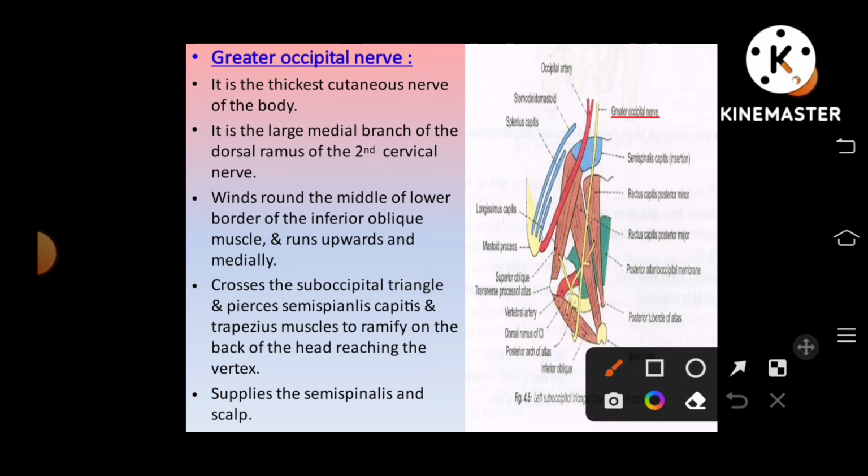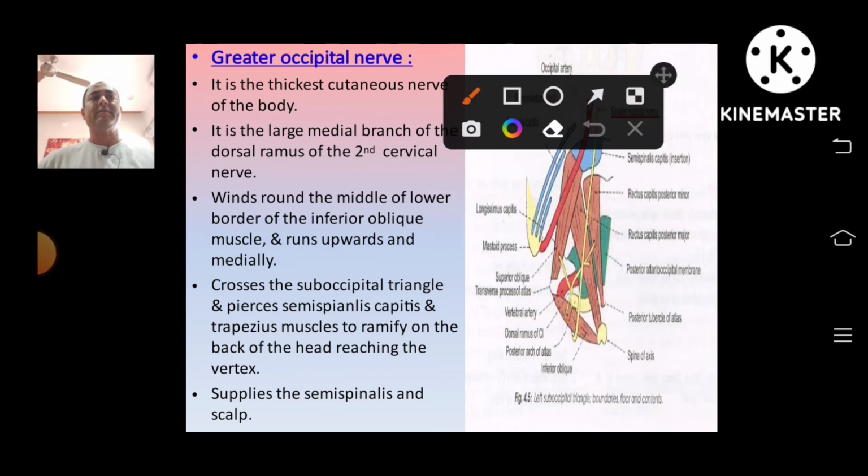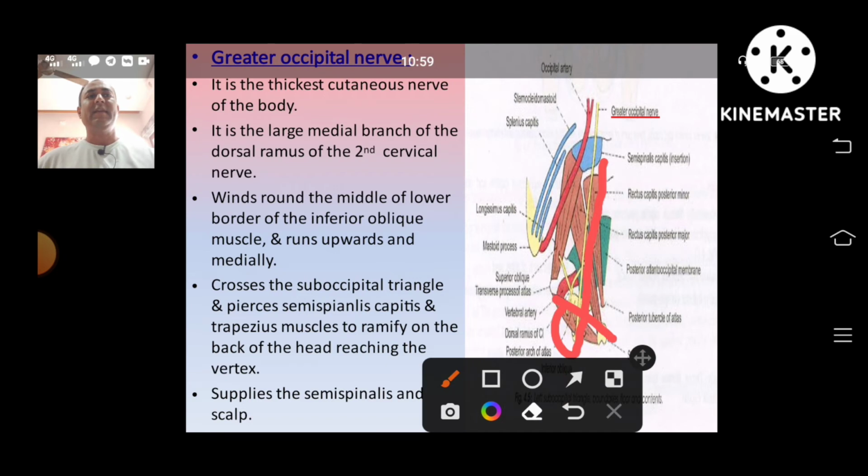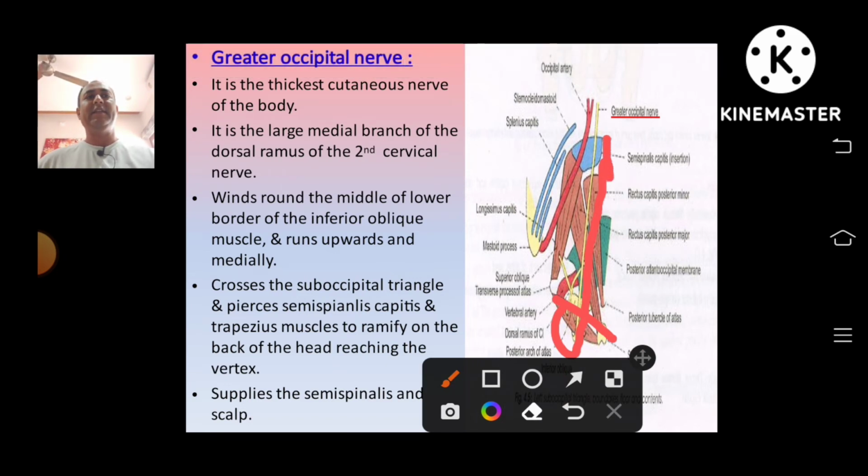Here you can see from the picture. Here this is the inferior oblique. So below it, it turns like this, goes medially and upward, and ultimately it goes like this over the semispinalis capitis and back of the skull.